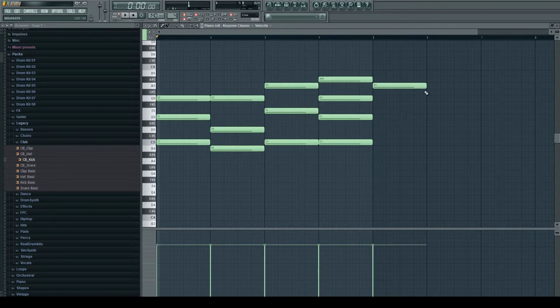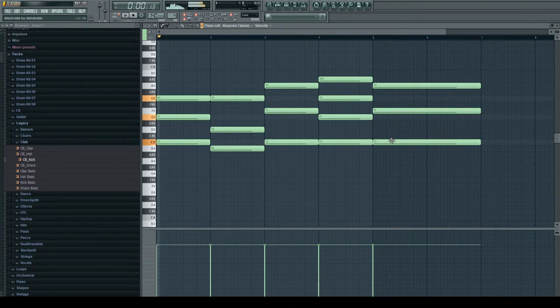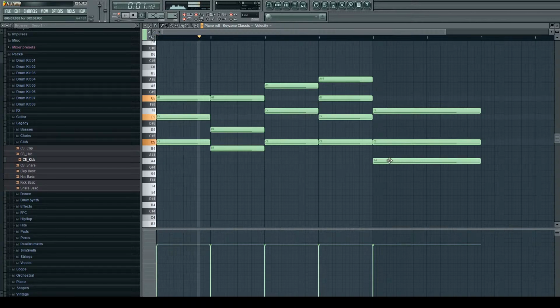Now let's try adding the F. It depends on the voicing as well, whether it sounds like it's ending or not, because that's the thing with modulating keys.